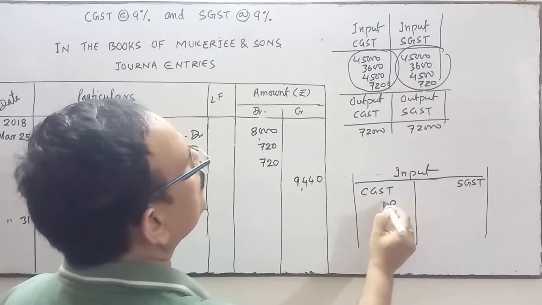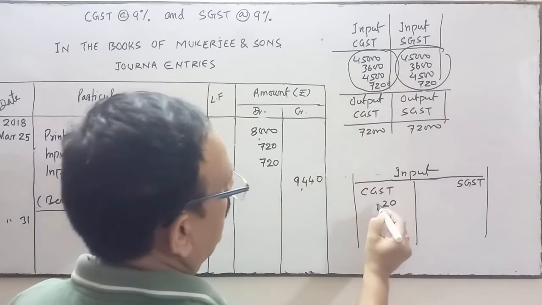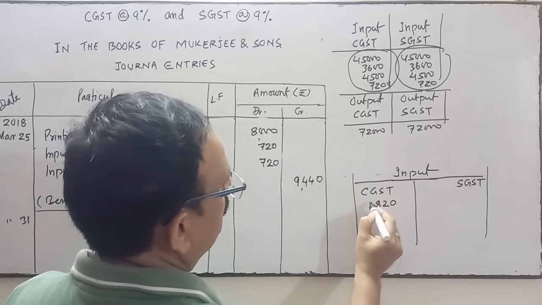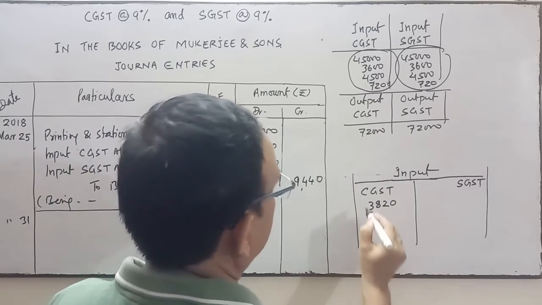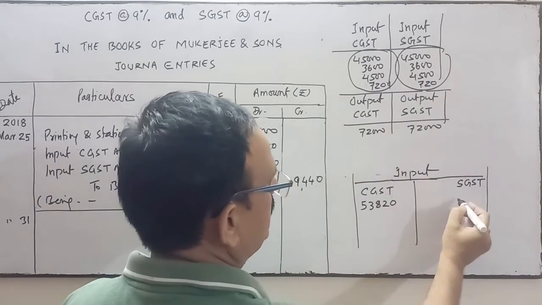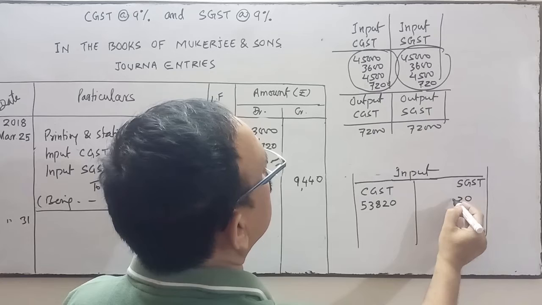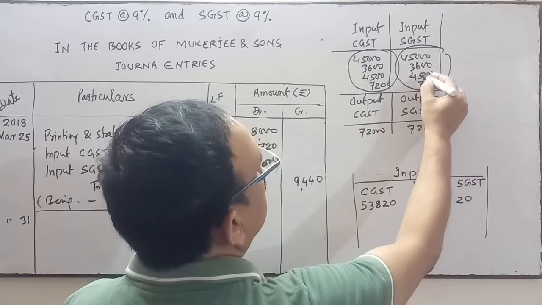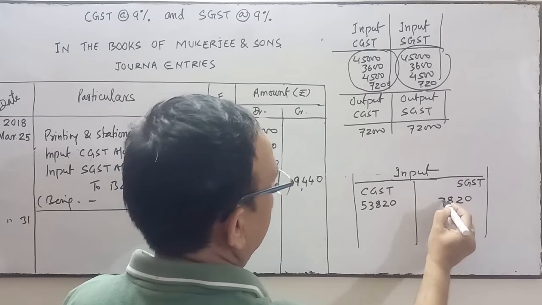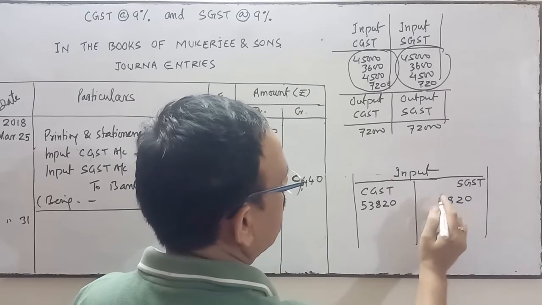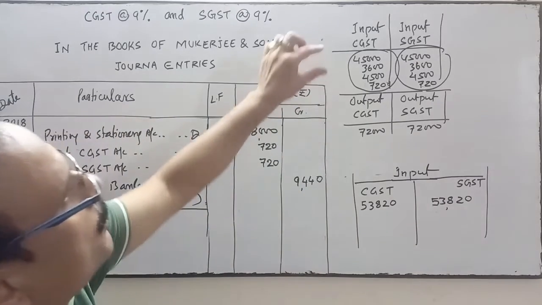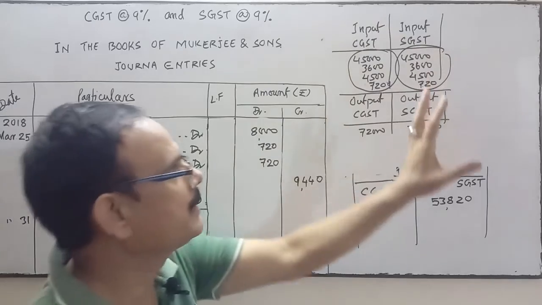It is 53,800, same figure on this side. So 53,820 is the total input CGST and input SGST. This is the separate amount.